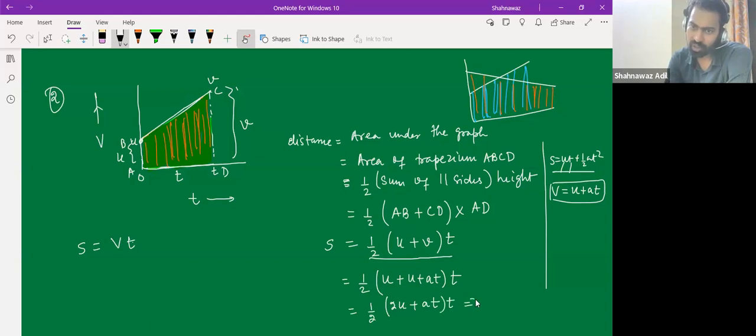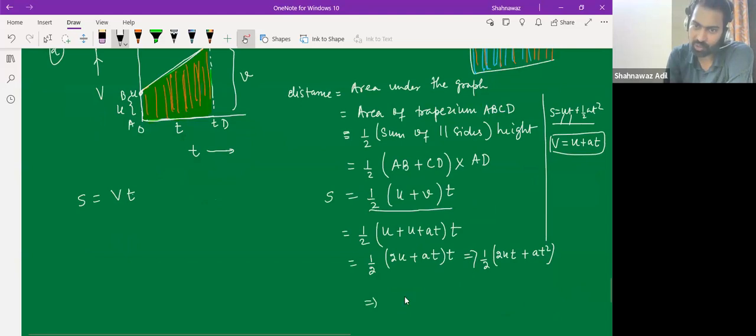Let us write this as half of 2ut plus at square. Let us break these terms separately. So this would be 2ut by 2 and plus half at square. So this cancels, and we have ut plus half at square. So S is ut plus half at square.